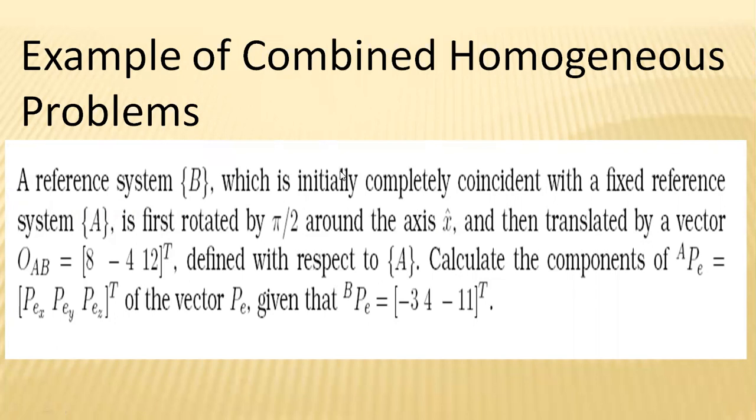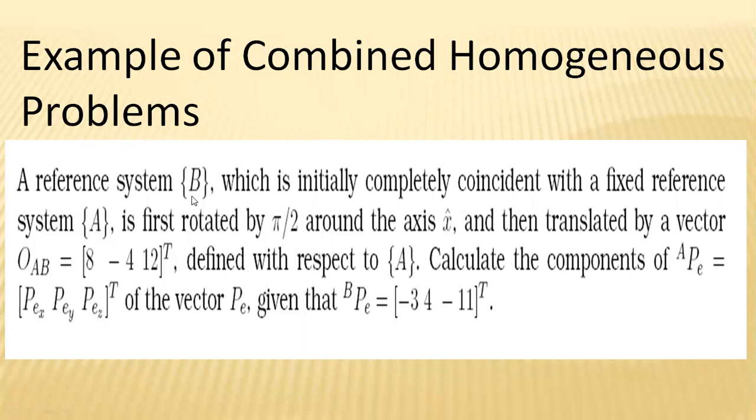AT refers to the translation defined with respect to the reference frame A. Calculate the components of the position with respect to the base frame A to the end effector and find the values. Indeed, to get these values, the position of the end effector needs to be specified from the base frame.